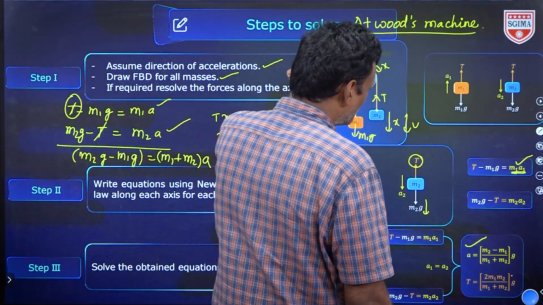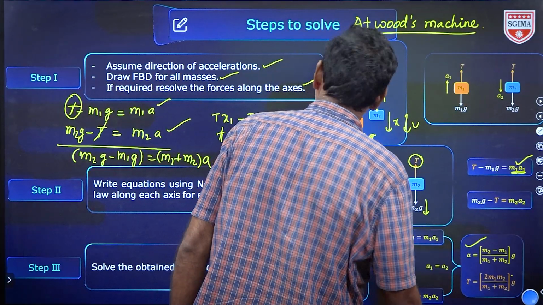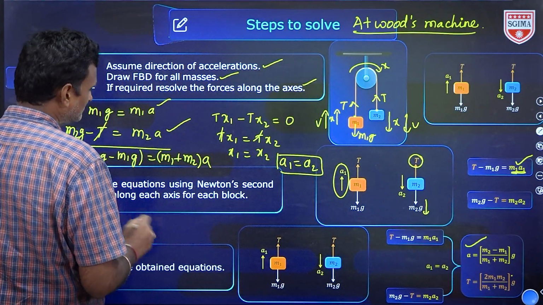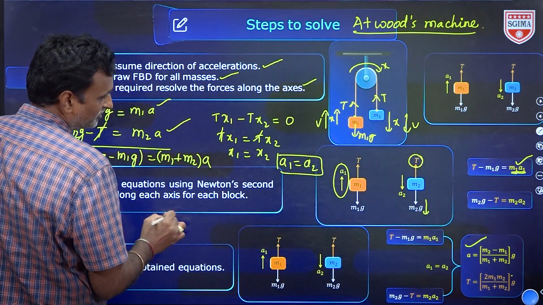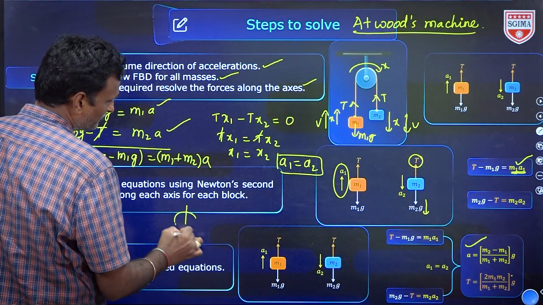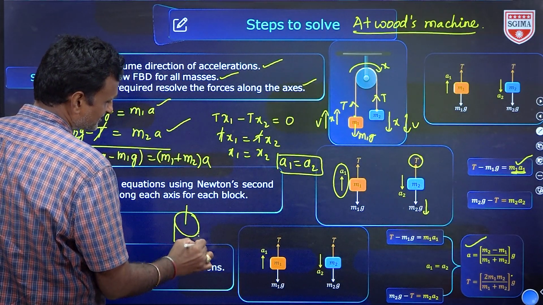Next, one more condition we can solve: here the space is not present. So this is the suspension point for the pulley, and here there are two parts of the string.